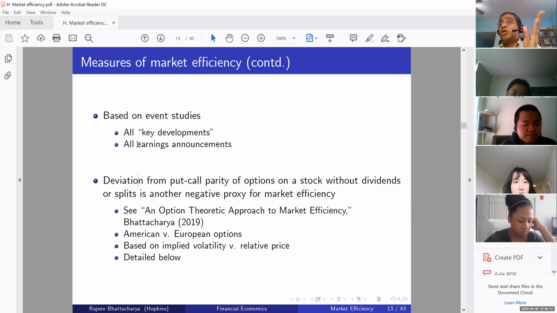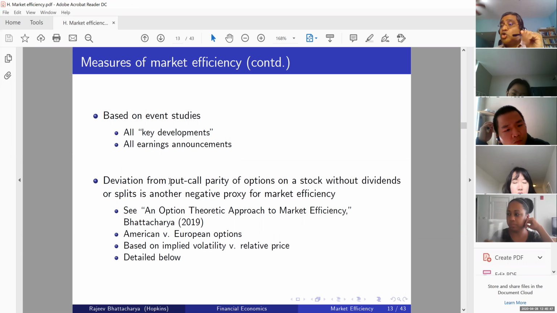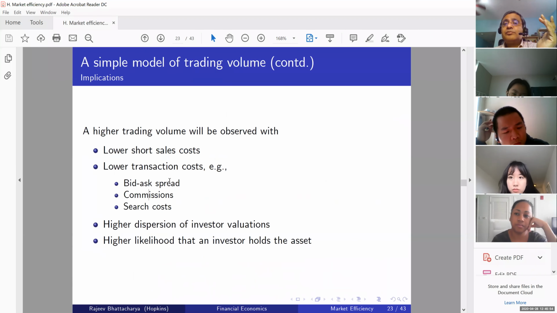Abnormal return based on earnings announcements is a measure of market efficiency. Deviation from put call parity based on relative price is a measure of market efficiency. Deviation from put call parity on the basis of implied volatility is another measure. So when you have 12 different measures of market efficiency, that's why you have so many different regressions.